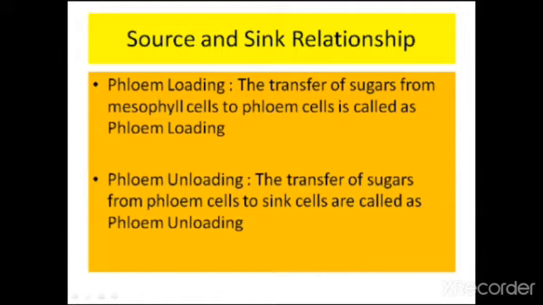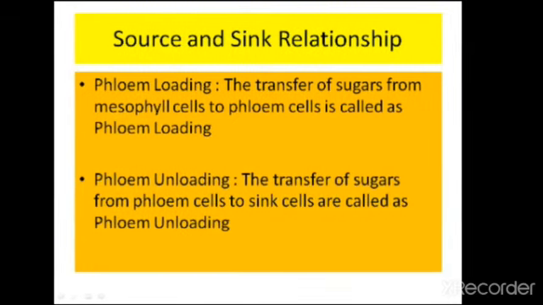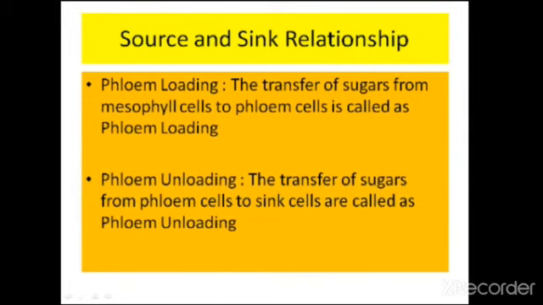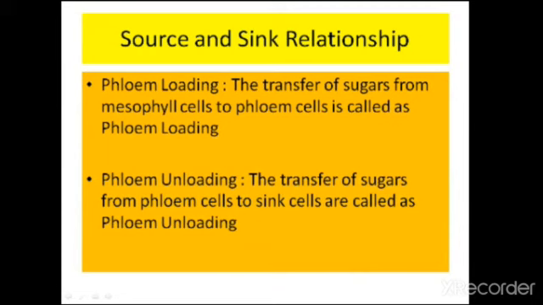phloem unloading. So during this phloem loading mechanism, the sugars are transferred in the form of disugars or disaccharides. So in leaves, the concentration of sugar increases and sugars are transferred to phloem cells through companion cells.